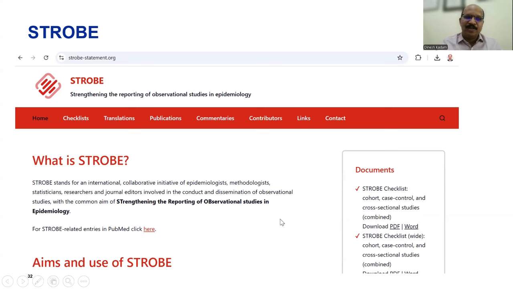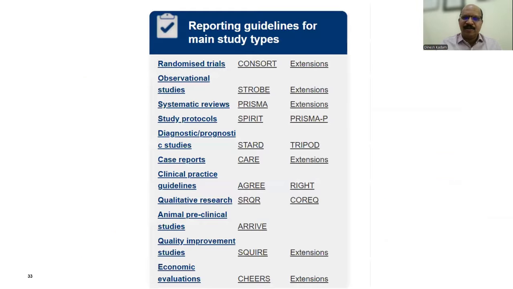There's a 22 point checklist you can download. Most of the journals have this on their website, and when you're writing an article, you must mention that. Not only that, for RCTs we have CONSORT, for systematic reviews we have to follow the PRISMA guidelines, and for case reports there are the CARE guidelines.